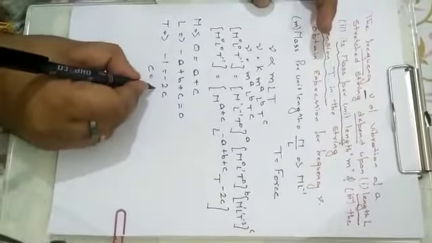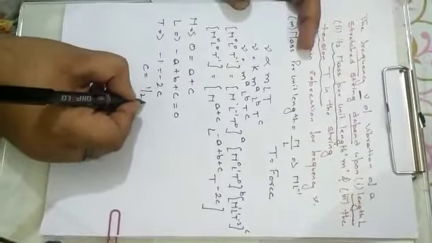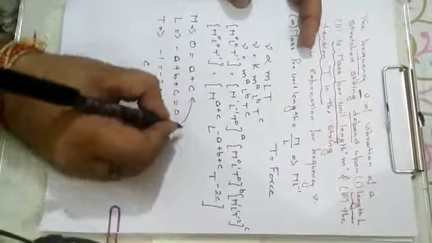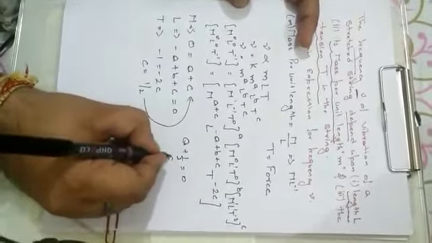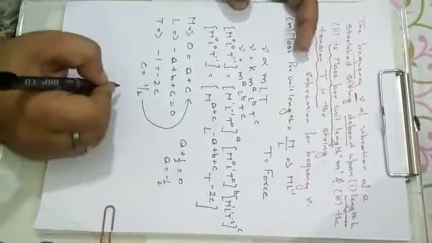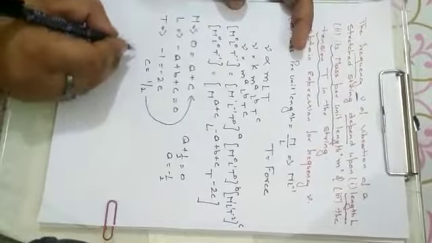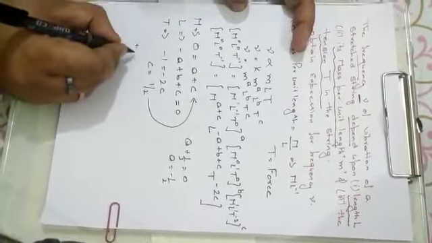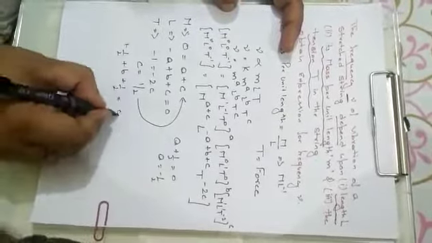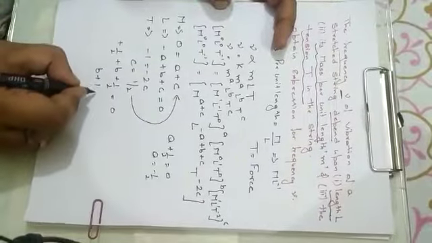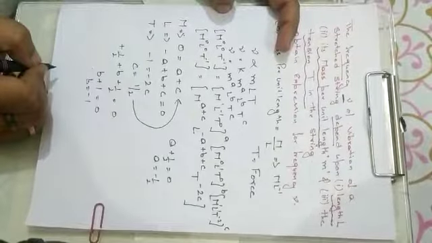So c will be 1/2. Now if c is 1/2, a is -1/2. So a is -1/2, so 1/2 + b + 1/2 equal to 0, b + 1 equal to 0, so b is -1.